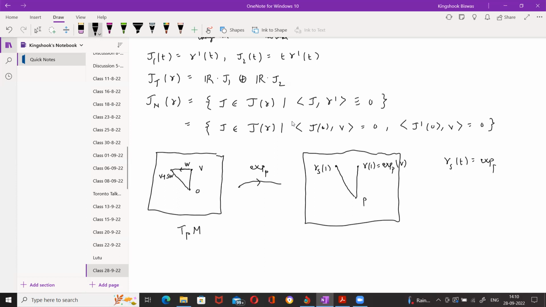So this will be exp_p(t(v plus sw)). When you differentiate with respect to s at s equal to 0, then you get a tangent vector to v in the tangent space, w, and the exponential maps this to the derivative with respect to s of this one parameter family of geodesics.